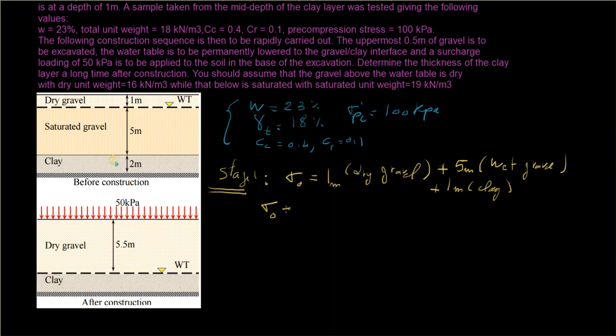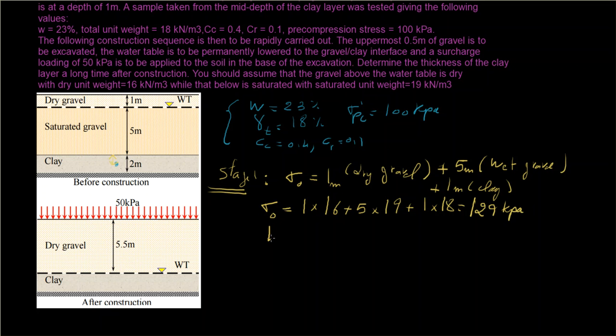So total initial stress is going to be 1 times dry gravel unit weight, which is 16, plus 5 times wet unit weight, which is 19, plus 1 meter of clay, which is given as 18, and that will give us 129 kilopascals.